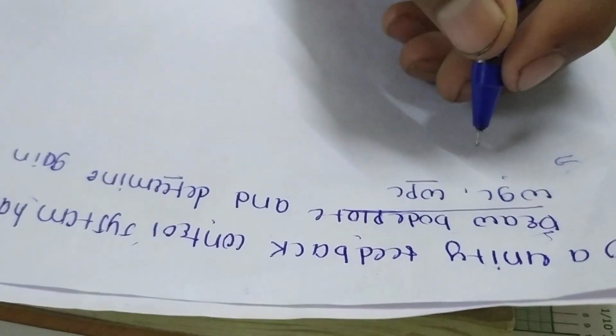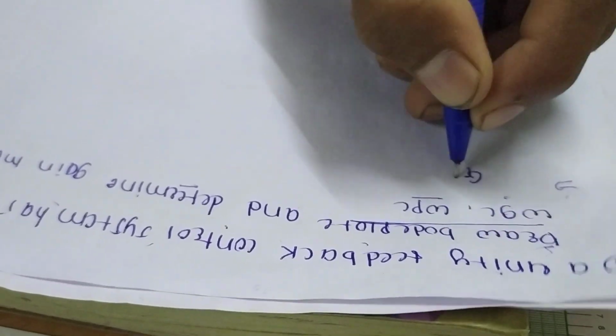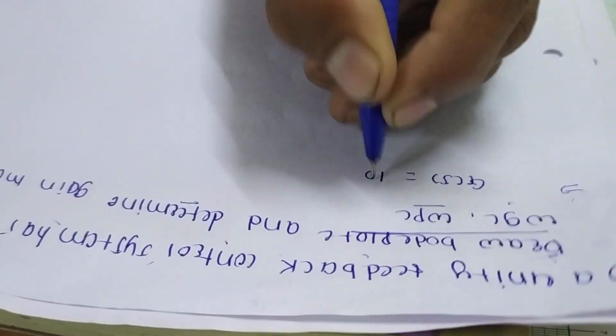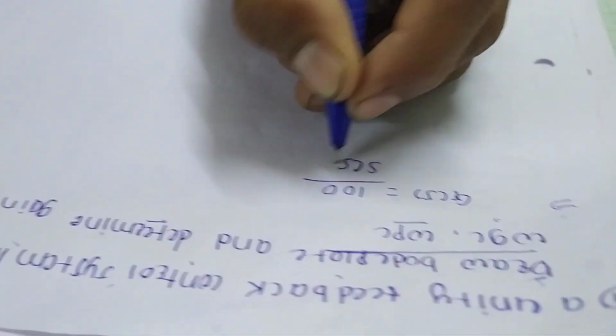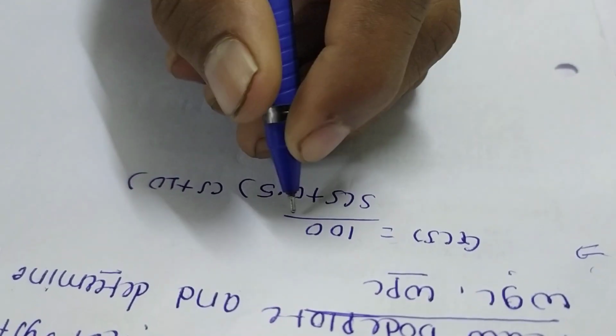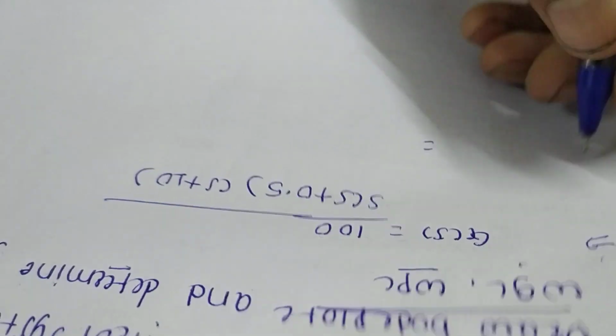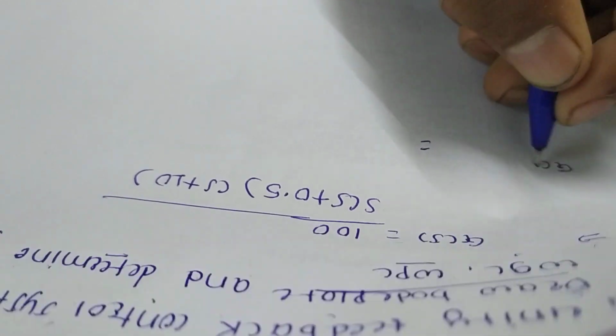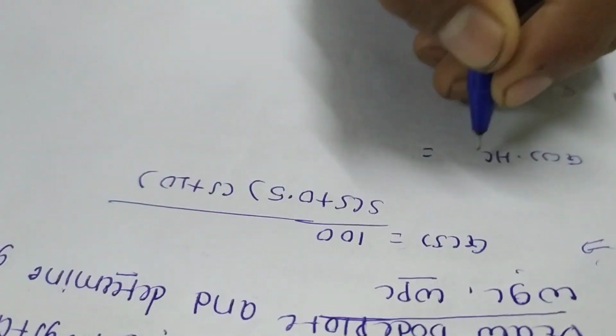It is very easy. So see, first of all, the example is given as G of S is 100 upon S into S plus 0.5 into S plus 10. First of all, we have to write it in the standard form. So it is in the time domain.